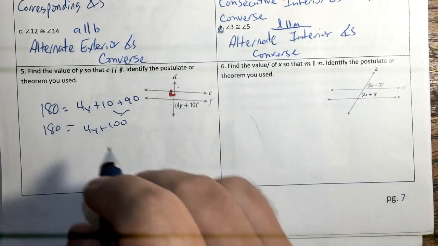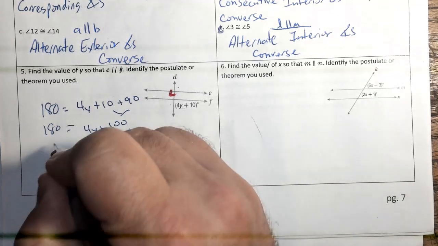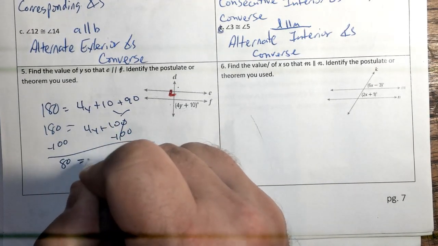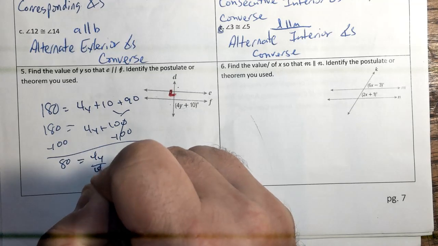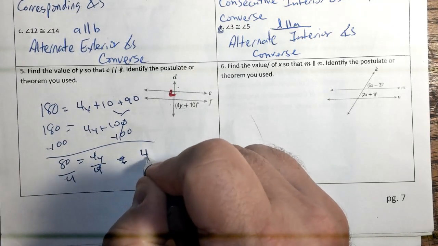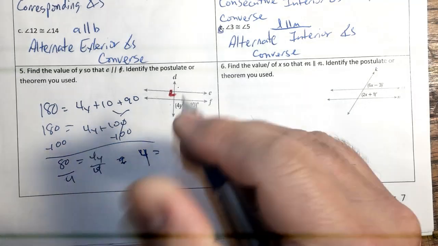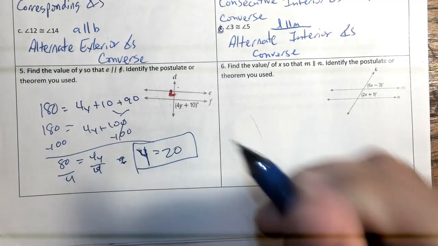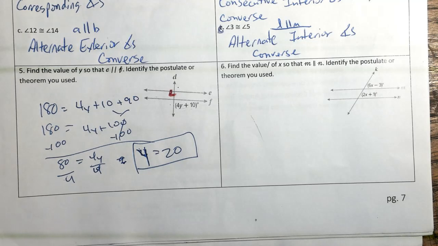All right, so now we're going to subtract the 100 from both sides to get y by itself. 4y is equal to 80. Divide both sides by 4. It's going to make y equal to 20. Now that looks like a 4, but it's a y. Trust me.